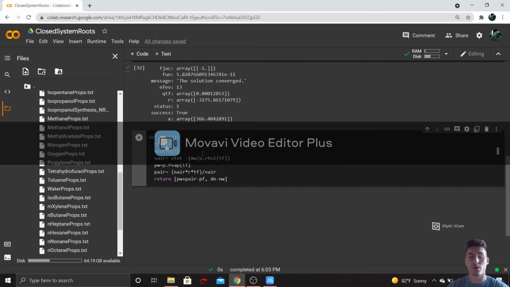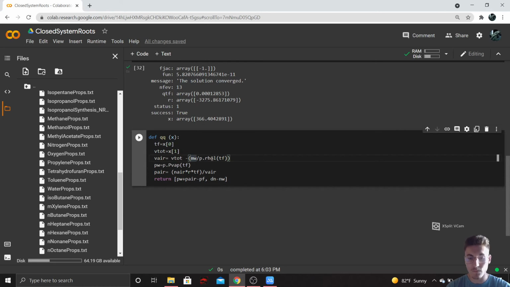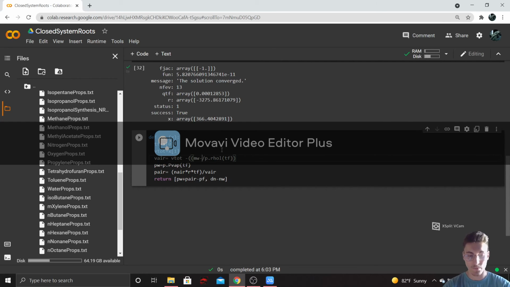And then now we need to manipulate everything here. So instead of just having the mass of water, we need the mass of water minus the number of moles, so the desired number of moles times the molar mass of water.